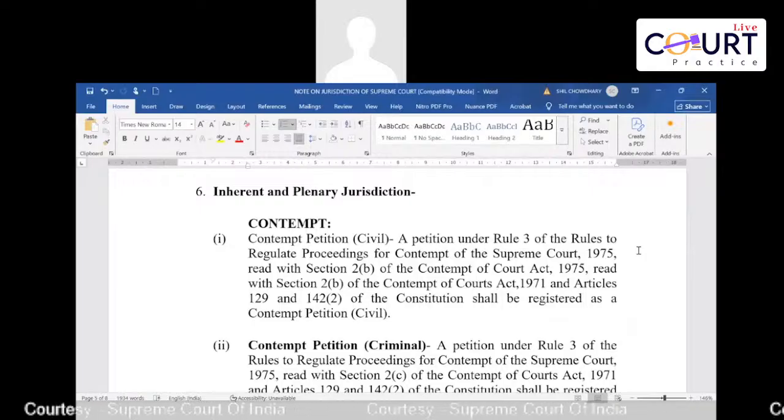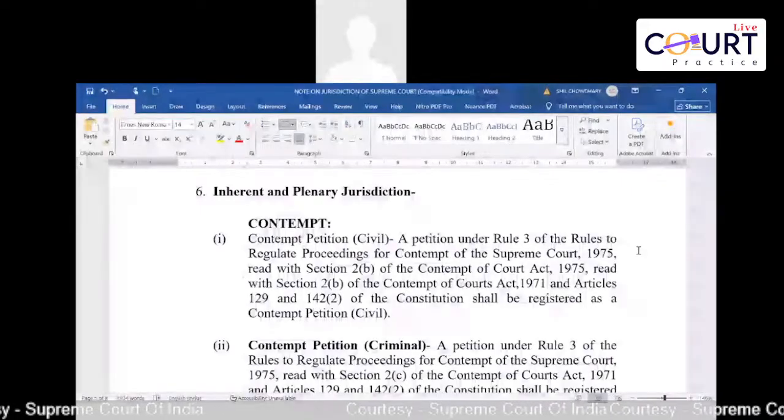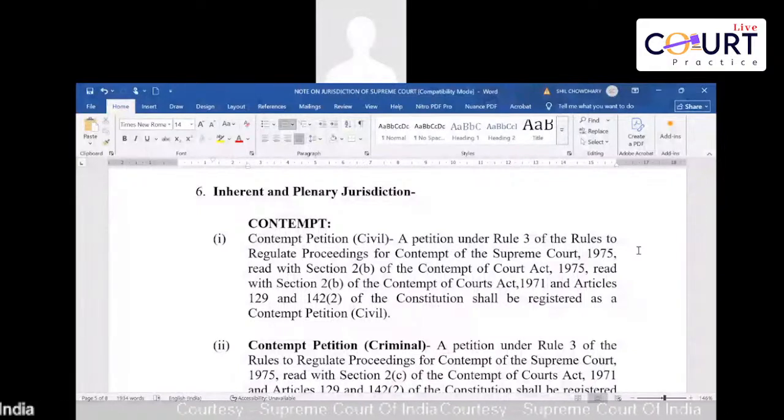Similarly, in the recent judgment of the Supreme Court in the case of the Tamil Nadu Governor's power, the bench of Justice Pardiwala and Justice Madhavan exercised Article 142 to lay down a certain time frame for passing of the bill. There are various cases where the Supreme Court has exercised power under Article 142.